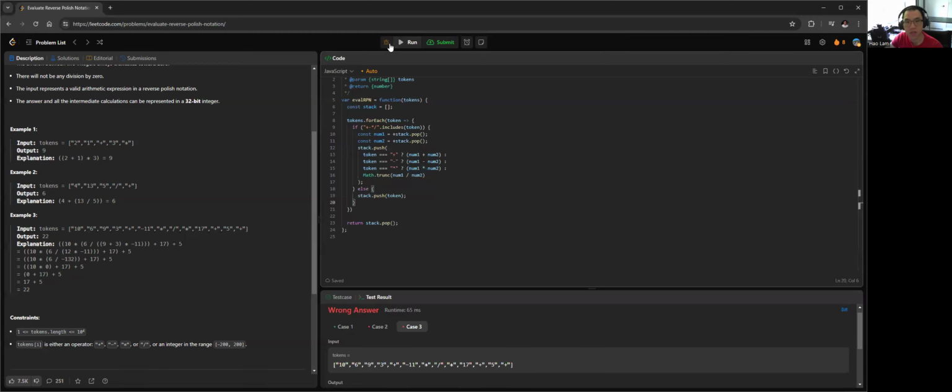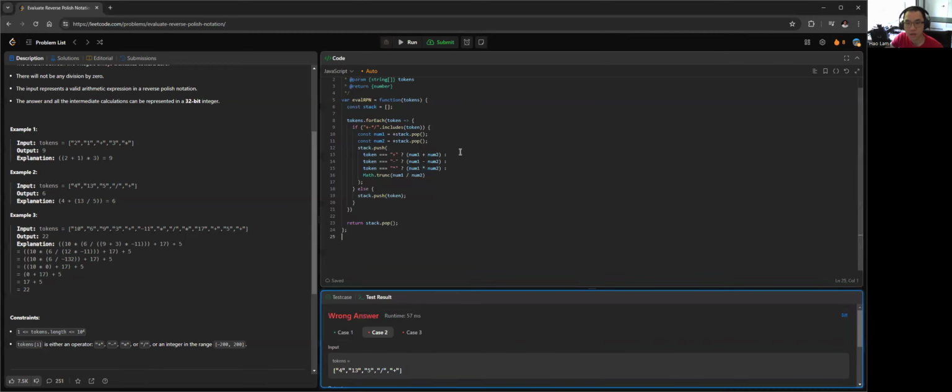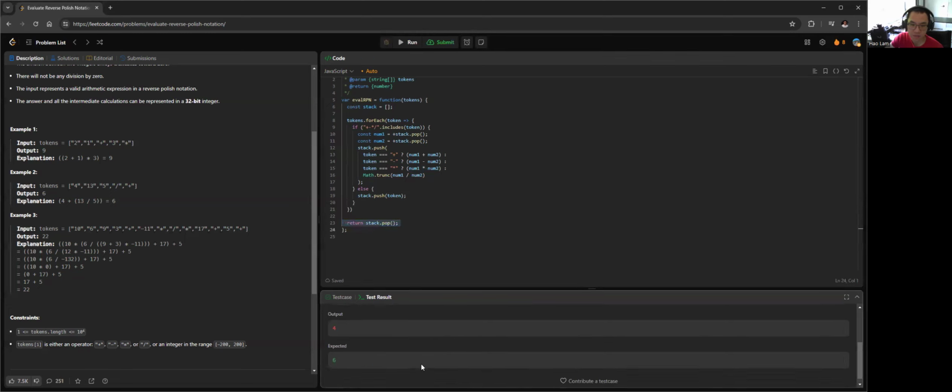If it is a minus, then num1 minus num2. If it's a multiply, then num1 multiplied by num2. Otherwise, you do Math.trunc of num1 divided by num2. Then else, we push the token into our stack, and then we return the first element in the stack here.